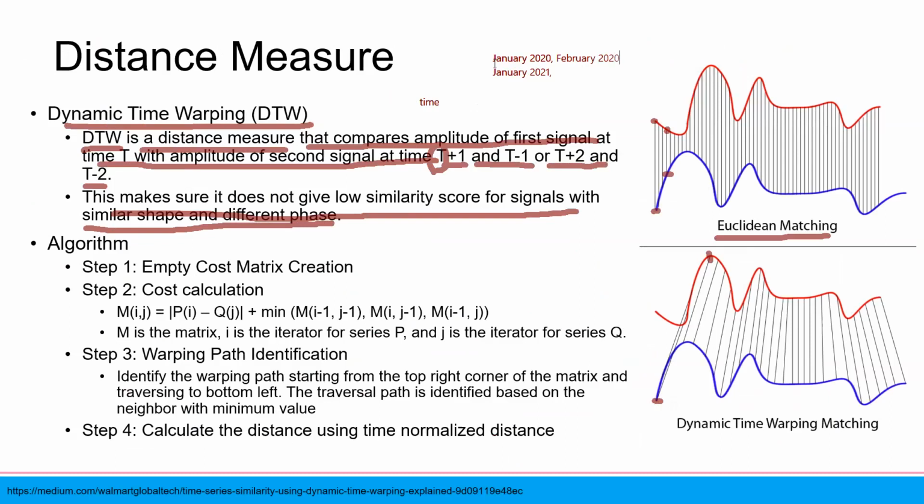So we need to check with the surrounding time, because maybe the company, for example, starts late. So we need to check with February 2020, or sometimes we can check with December 2019. So the surrounding dates will be covered by dynamic time warping.